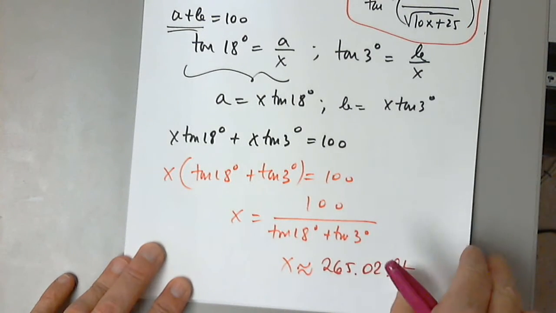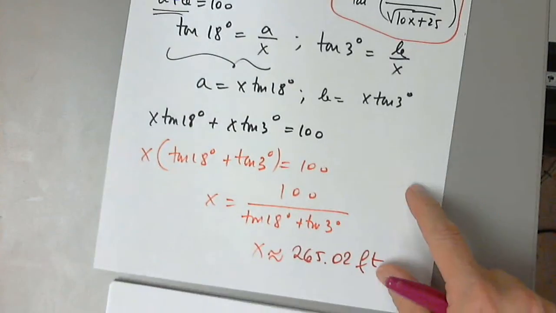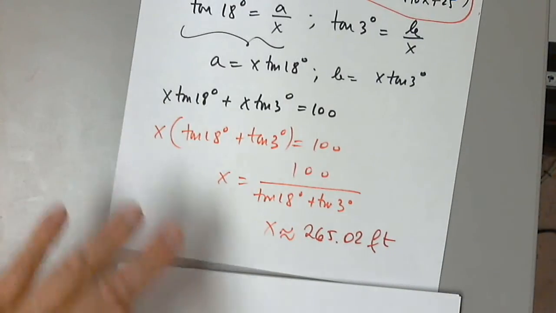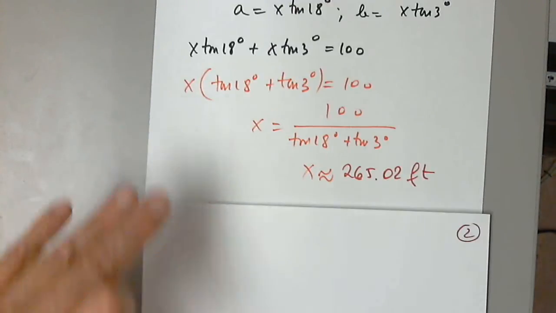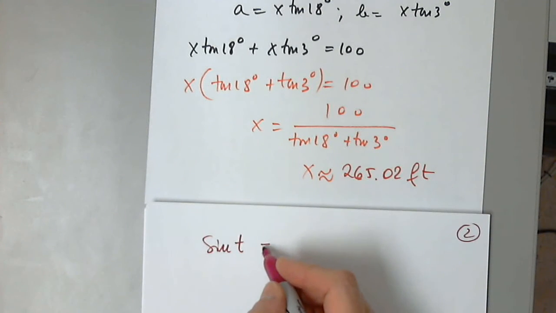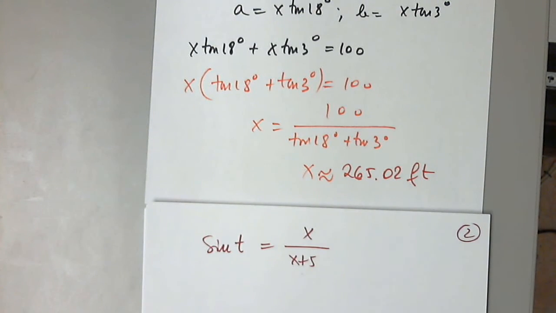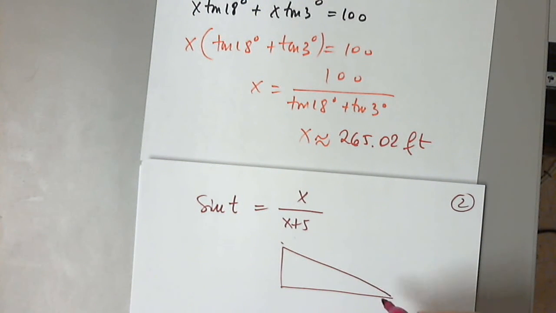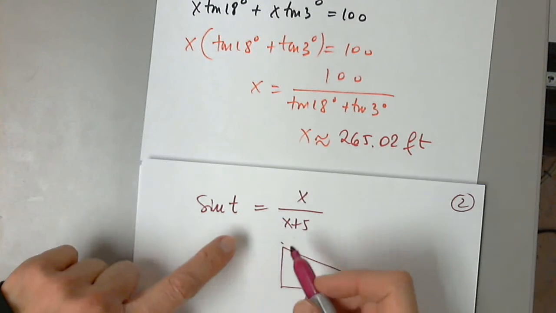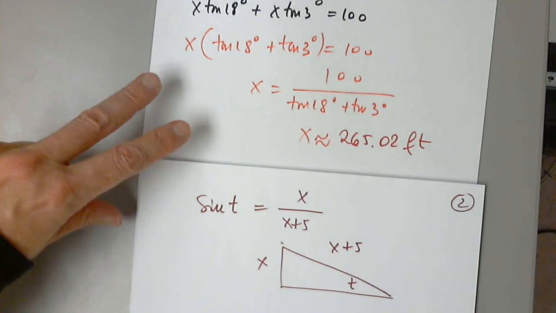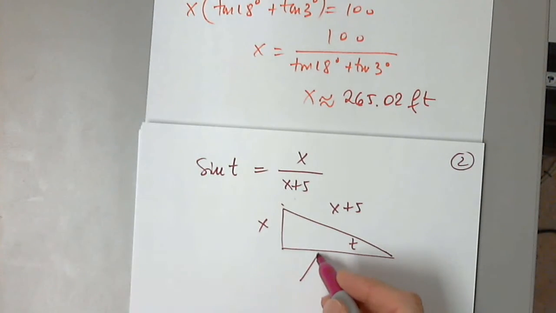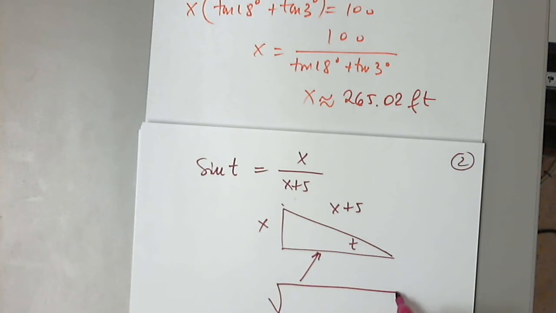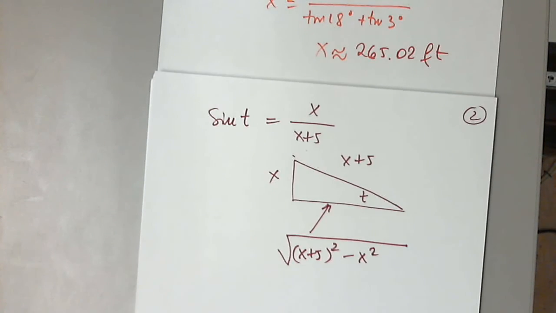Okay, so here's the second question. We are told that sine t equals x over x plus 5, which means there is an acute angle in a right triangle, t, whose sine is x over x plus 5, which gives us this leg as being the square root of x plus 5 squared minus x squared.